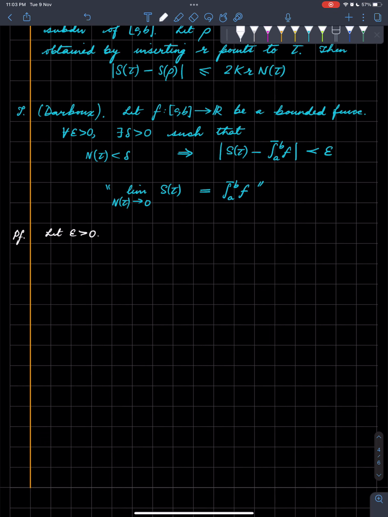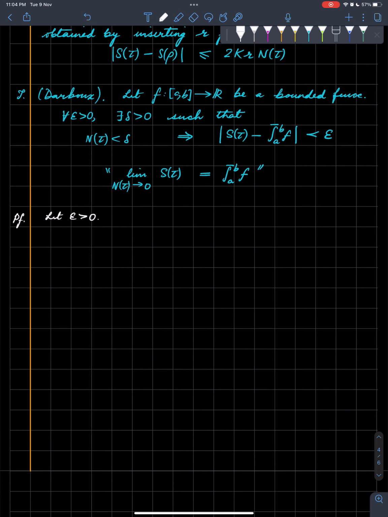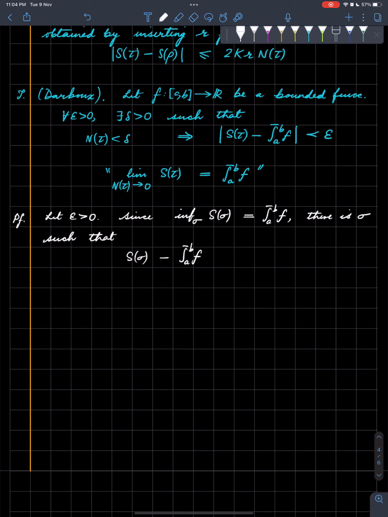Okay, so fine. Since the infimum over all subdivisions of the upper sums is this, by definition, there is some sigma, a subdivision, such that S sigma minus this upper integral is less than epsilon by 2.